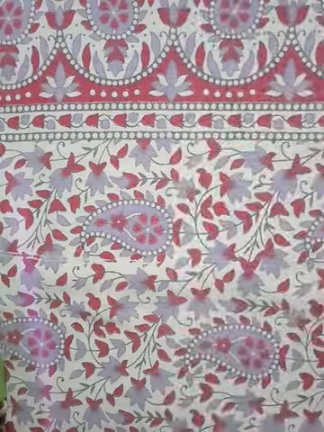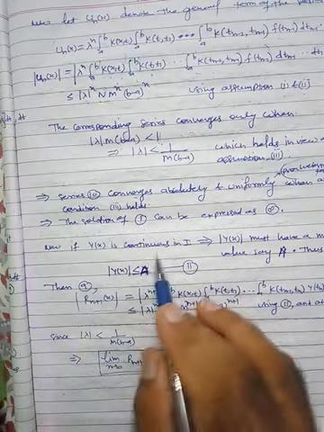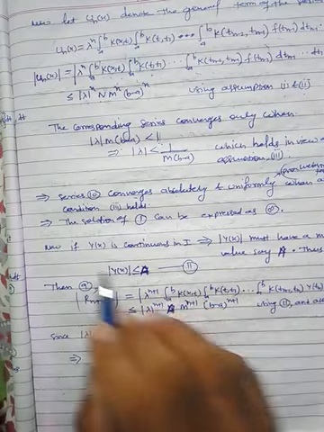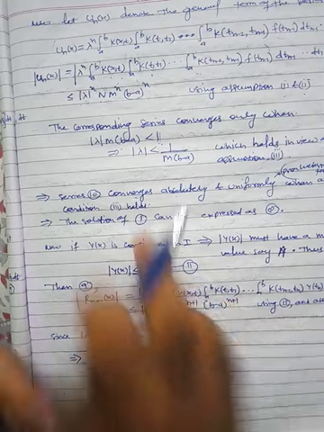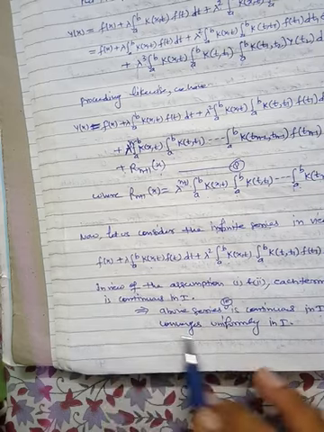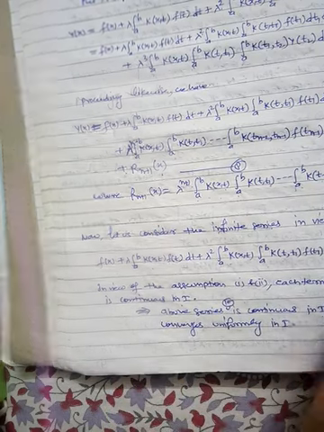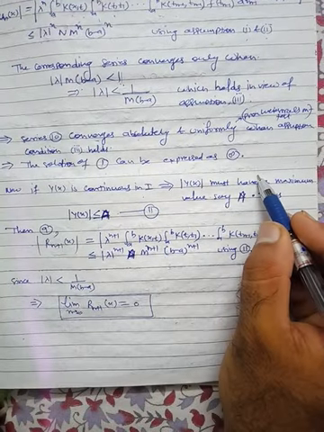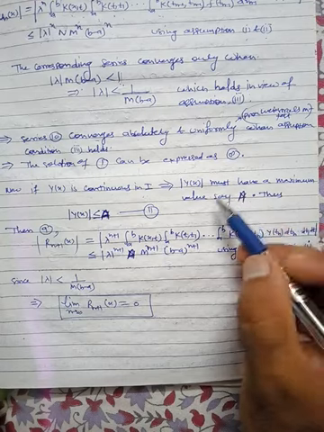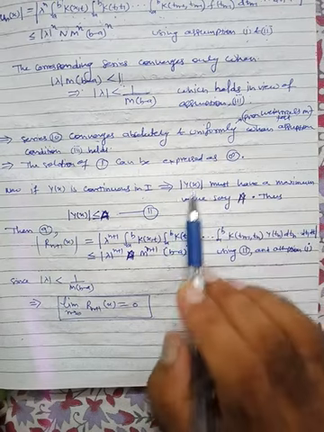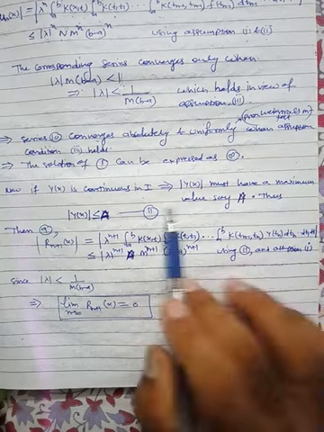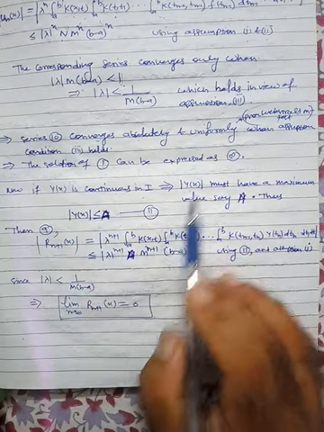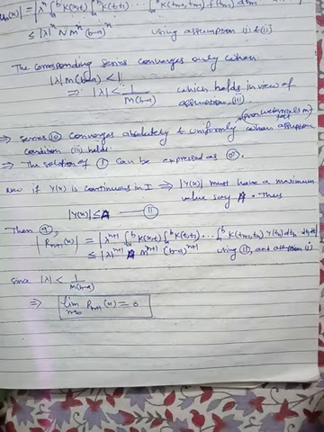Fine. Now, if y(x) is continuous, because here we have seen that this series is continuous, then obviously its magnitude will be continuous. Fine. And bounded also. y(x) must have a maximum, because it is continuous, its magnitude will be continuous, and then bounded also.